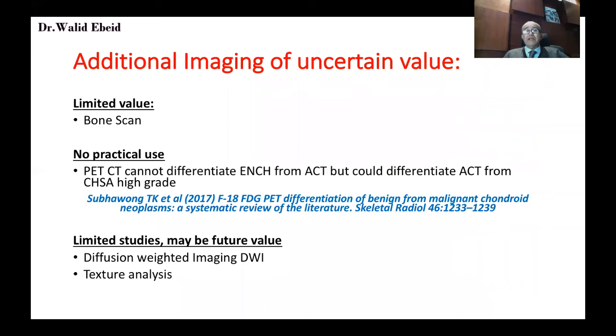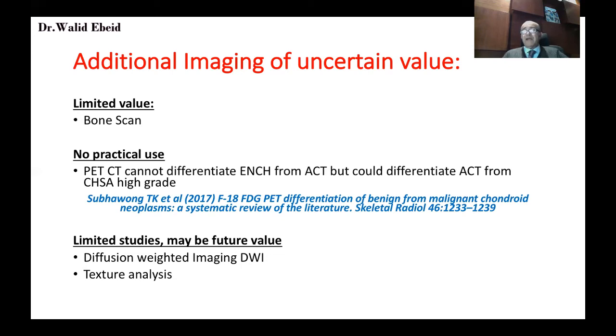Additional imaging that could help in differentiation were investigated heavily in the literature, but ultimately we found that the bone scan has a very limited value in differentiating the types of enchondromas. PET-CT actually cannot differentiate between enchondromas and ACTs, but it could differentiate between ACTs and chondrosarcomas of a higher grade.